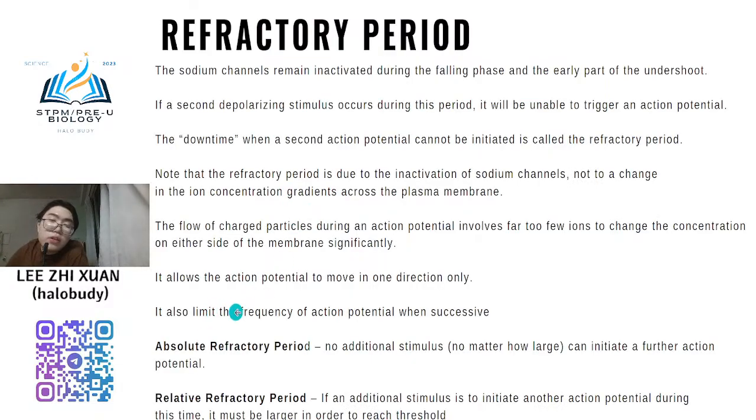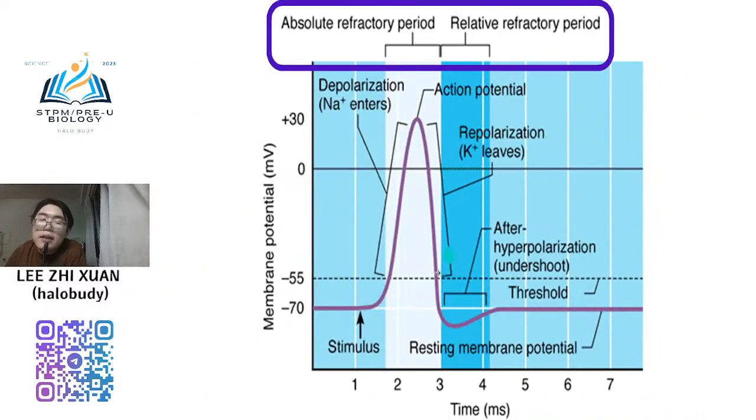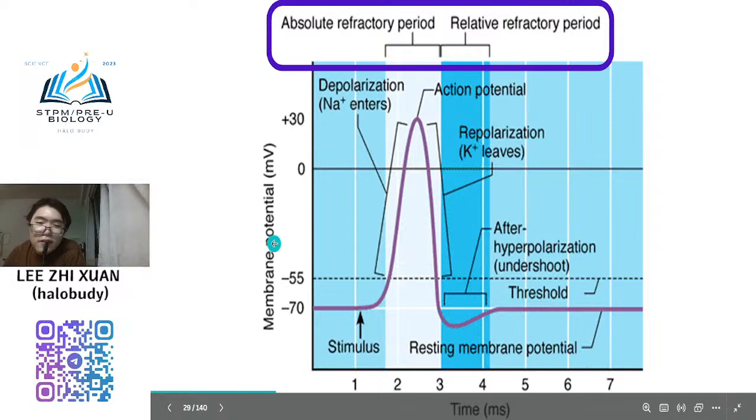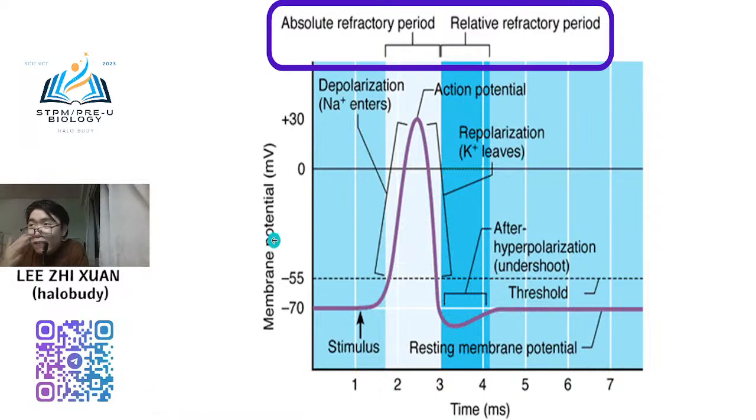And then it also limits the frequency of action potentials. This is what I just mentioned. We cannot have it too high. If the voltage is too high, you know that too high a voltage will make people die, right?